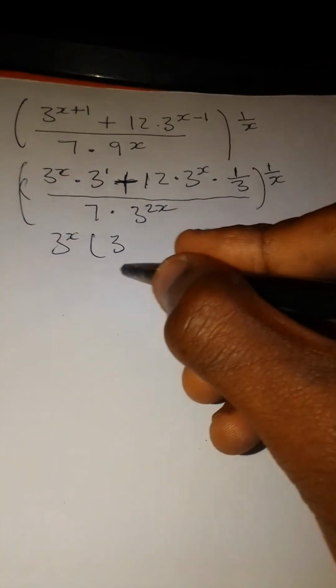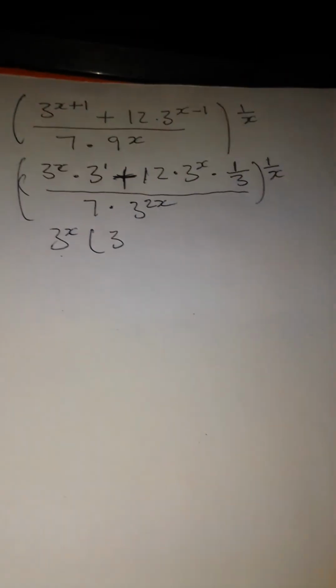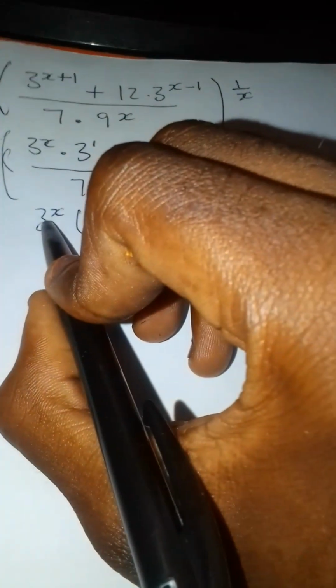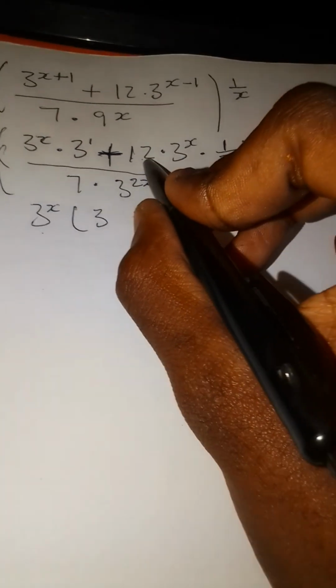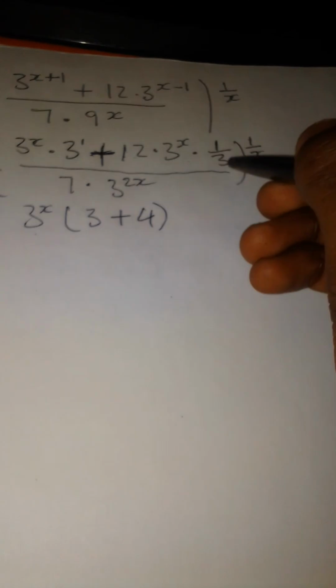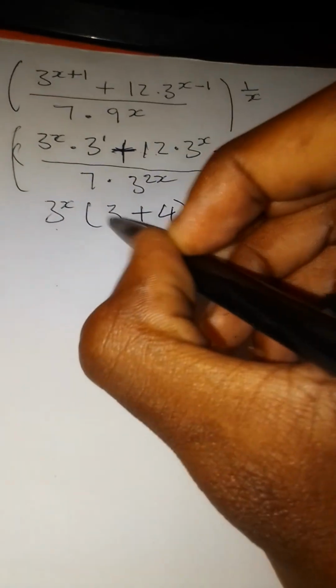So I take out 3 to the power of x, then I remain with 3. And then I remain with 12 times 1 over 3, so that is plus 4, because 12 times 1 over 3 is 4.